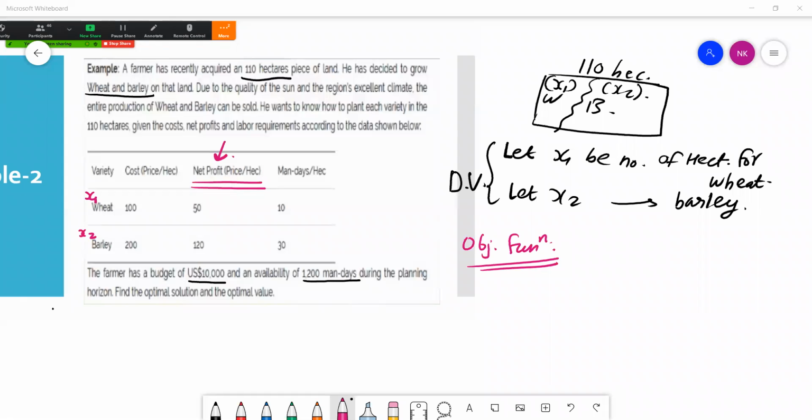Let me again remind you one thing: we wouldn't calculate the profit values as of now. Only the intention for us is to develop the mathematical model.